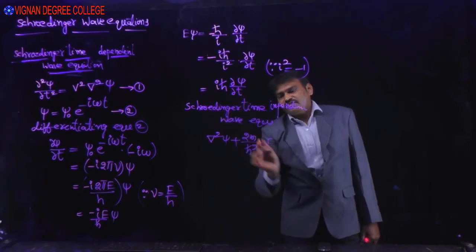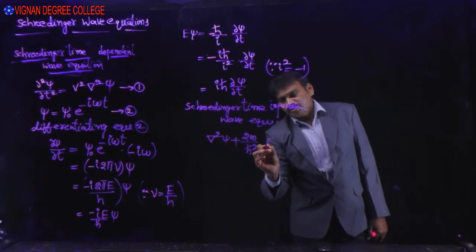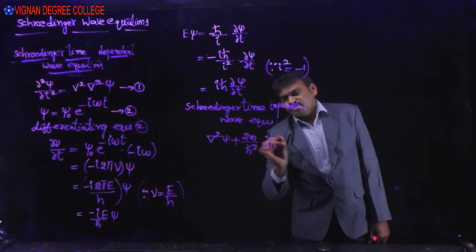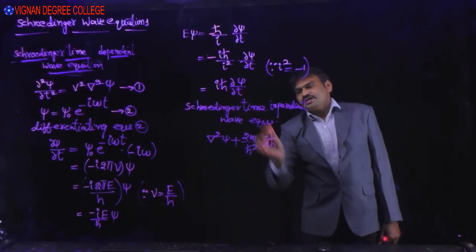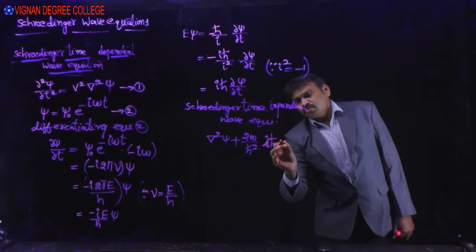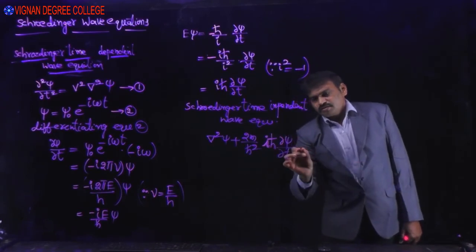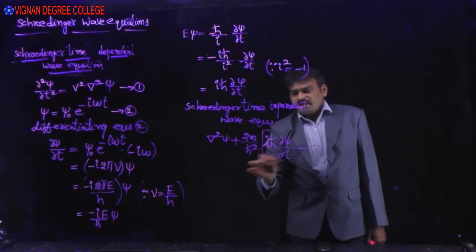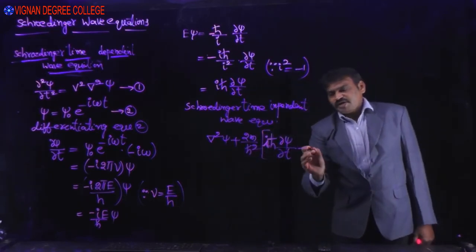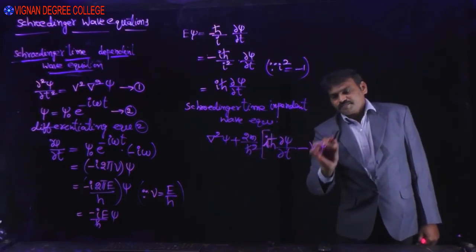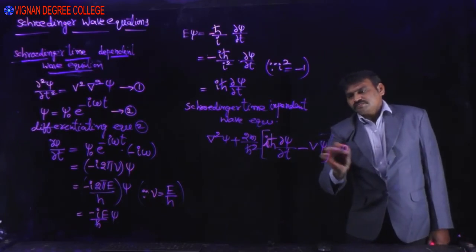In place of E, substitute iħ ∂/∂t. So (2m/ħ²)(Eψ − Vψ) = 0.